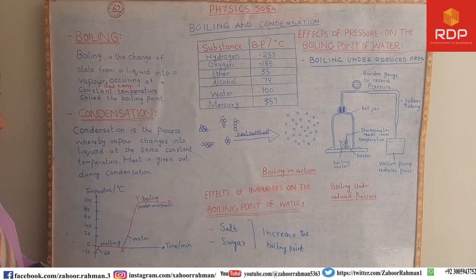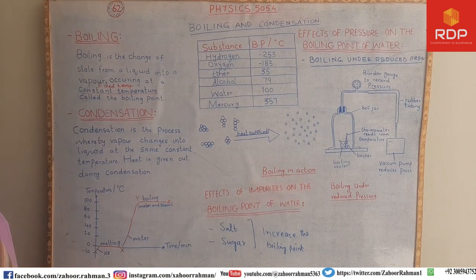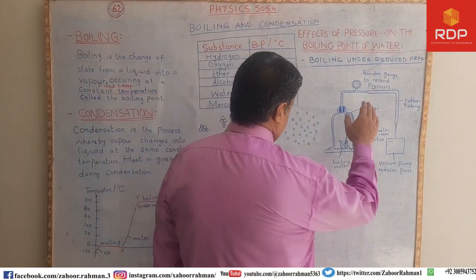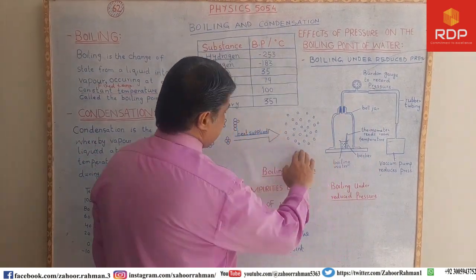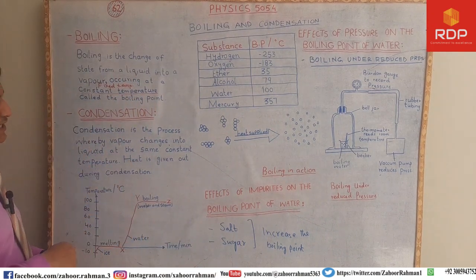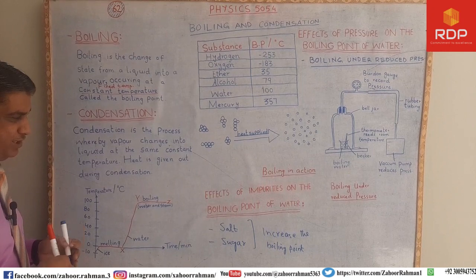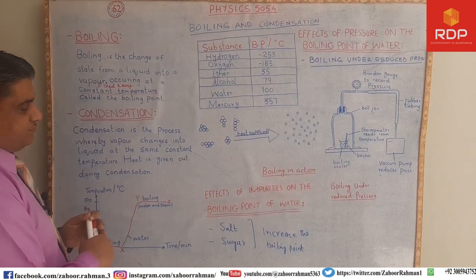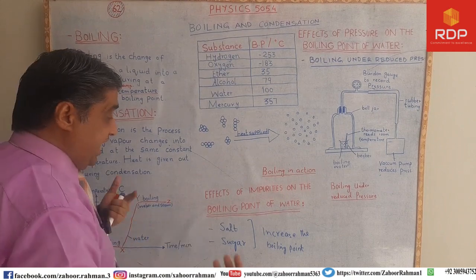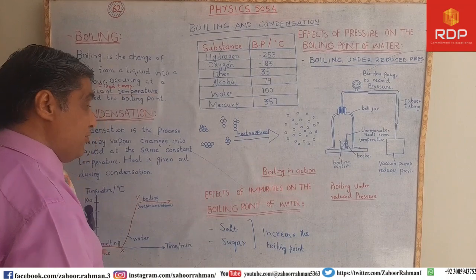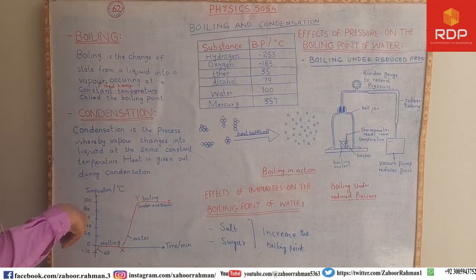And that is true for condensation as well. When pure water is boiling at 100 degrees Celsius, it will condense also at 100. But if we are adding impurity to the water, then it will change the boiling point as well as the condensation point.